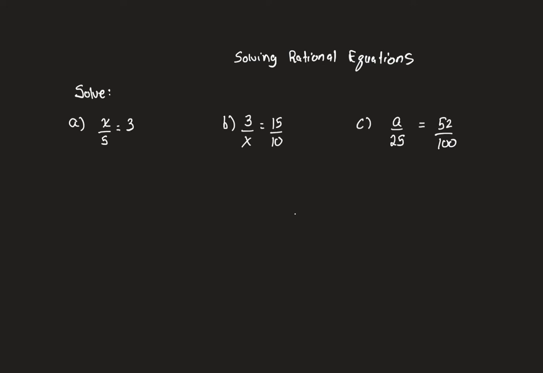So in the first example here, we have x over 5 is equal to 3. When you're solving this type of question, any fraction question, the first thing you want to do is get rid of the fraction.